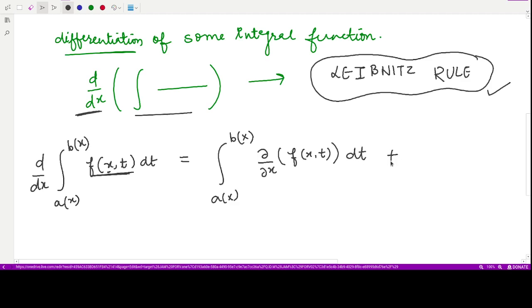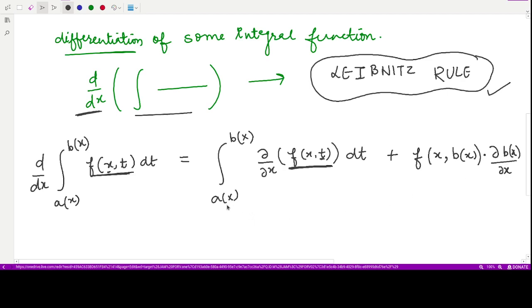In the second quantity, instead of t we substitute the upper limit. So we have this function f of x comma, instead of t we are writing the upper limit, so that would be b of x, and this whole thing is multiplied by the partial derivative of this upper limit with respect to x. This is the second term.